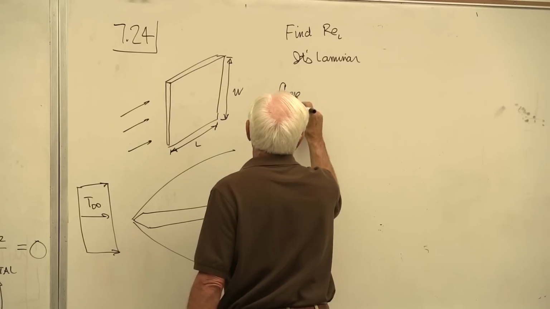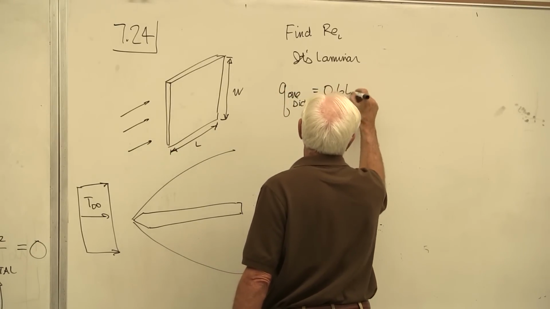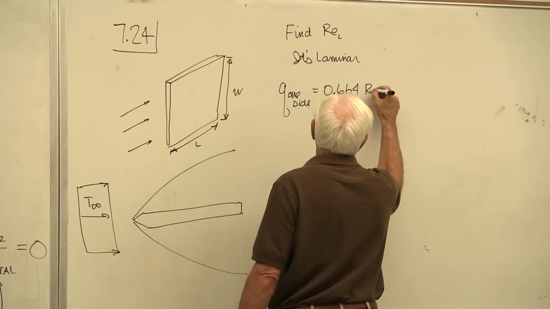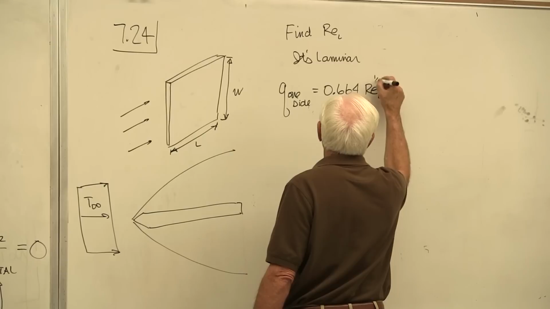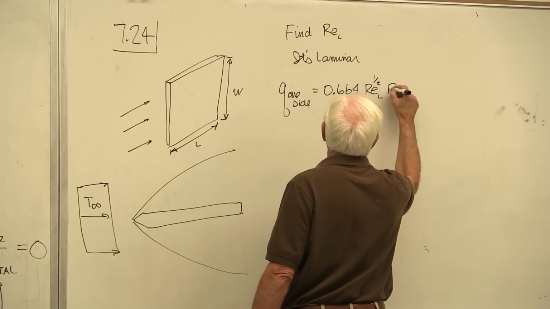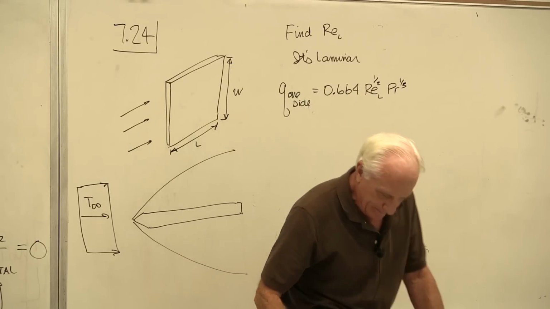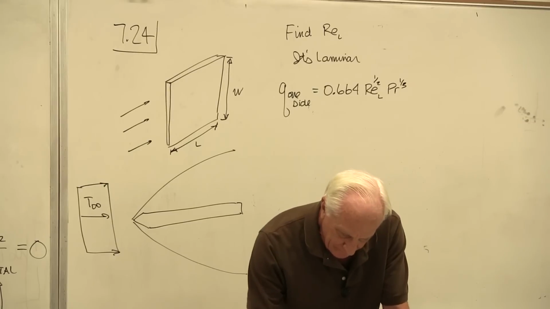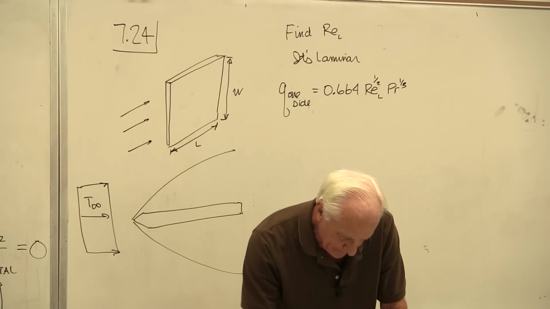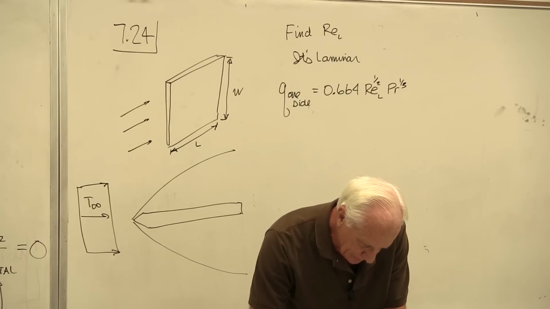Nusselt number from one side is 0.664 Reynolds L to the 1/2, Prandtl to the 1/3. Okay, I think that's all in there now.